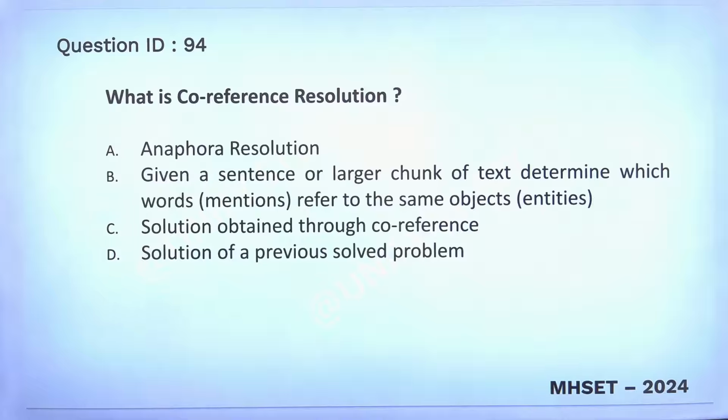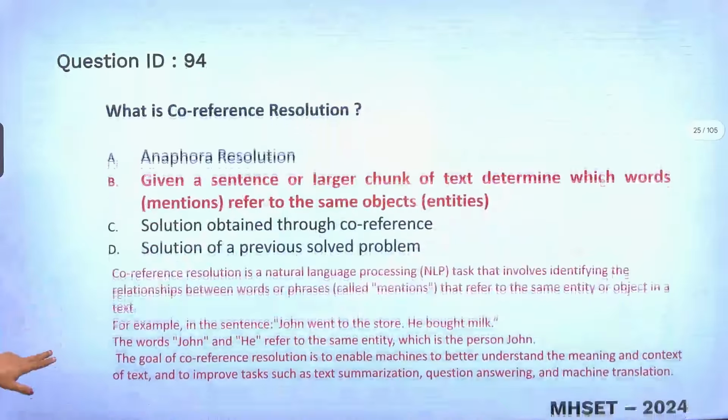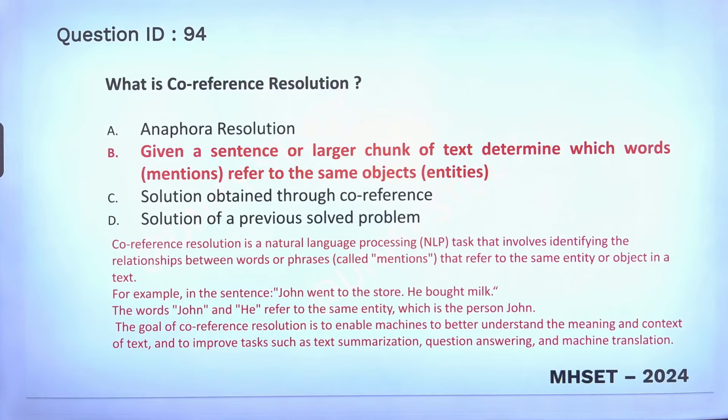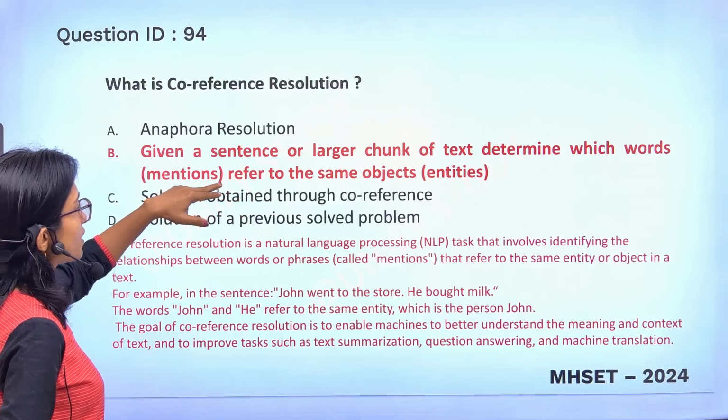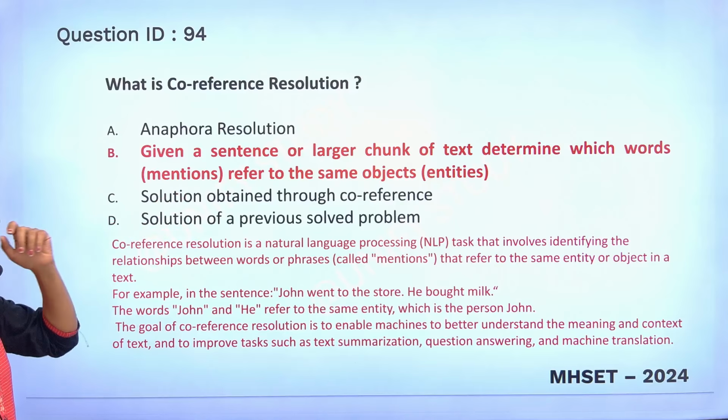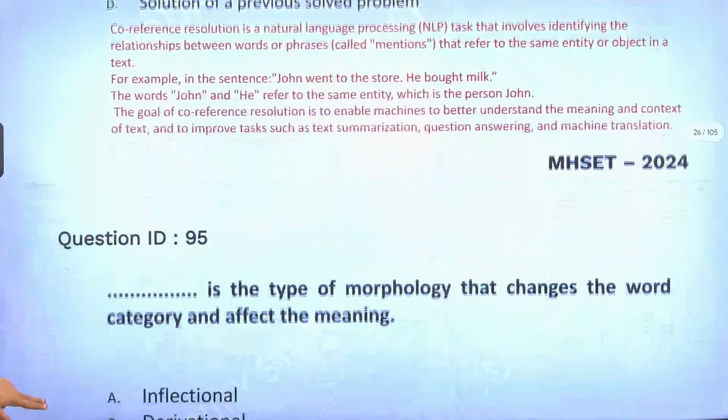I am getting 86% correct answers. Good, good. Co-reference resolution: given a sentence or a large chunk of text, determine which word mentions refer to the same object. Reference means it is referring to the same object or entities, that means co-reference. Next one.